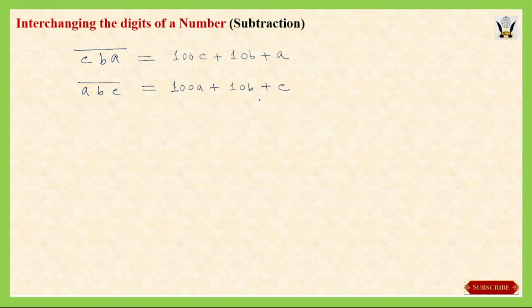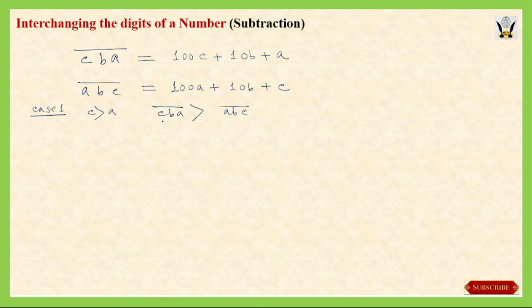Now we will perform subtraction. Now when we will perform subtraction, we will have three scenarios. The first scenario or first case is when C is greater than A. So if C is greater than A, that means the number CBA will be greater than ABC, and then if we subtract this second number from the first number, then the result of subtraction will be positive, otherwise it will be negative.